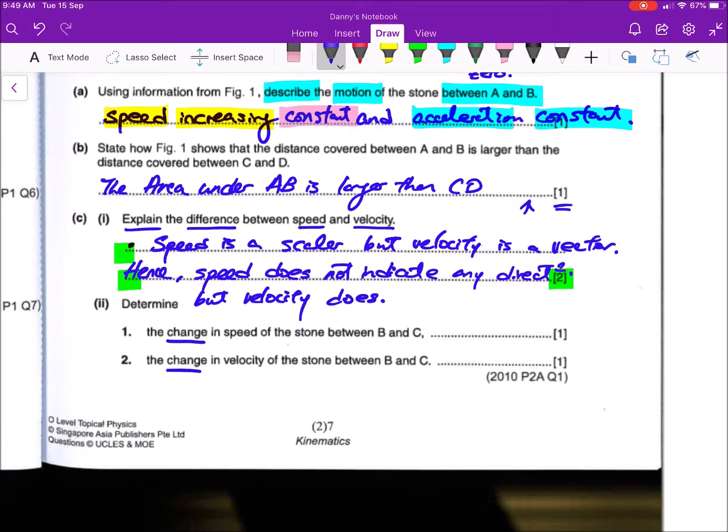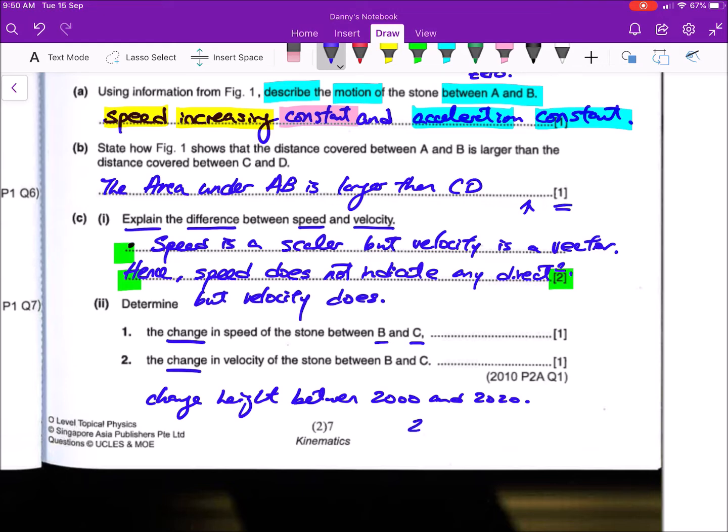So what is change? This change happened between B and C. Technically, whenever we are talking about change, we take the later time minus the earlier time. For example, if I ask you what is your change in height between the year 2000 and the year 2020, how would you calculate it?